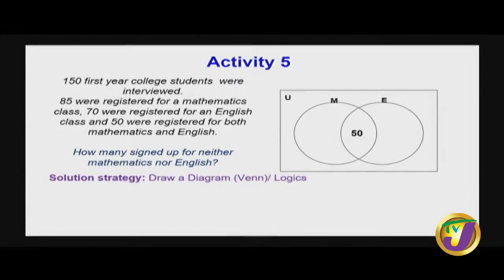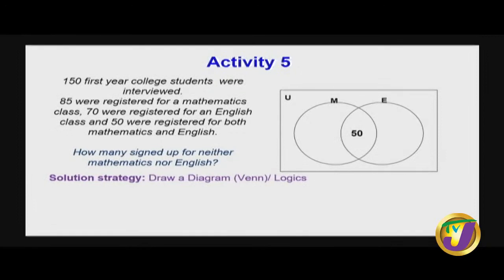All right. So 85 students were registered for mathematics, suggesting to me that 50 of those students, we account for them already. Yes, because they would be the ones that do both math and English.